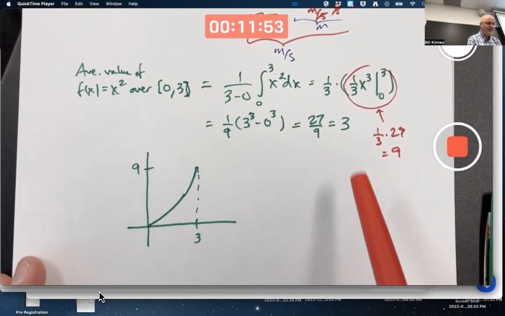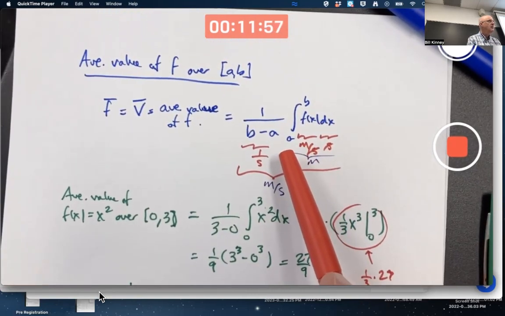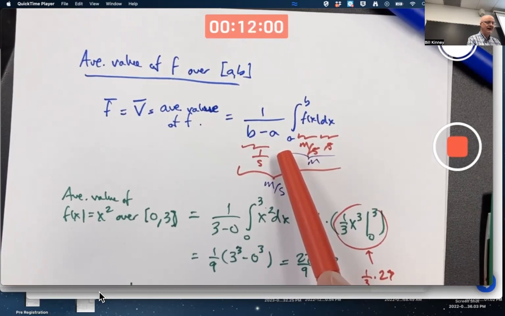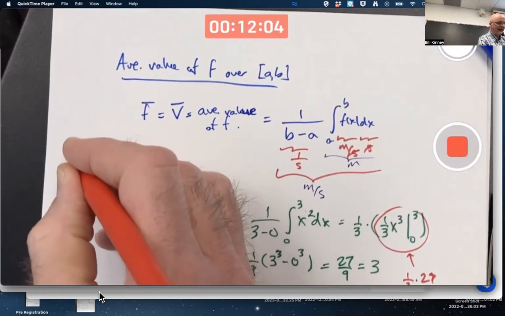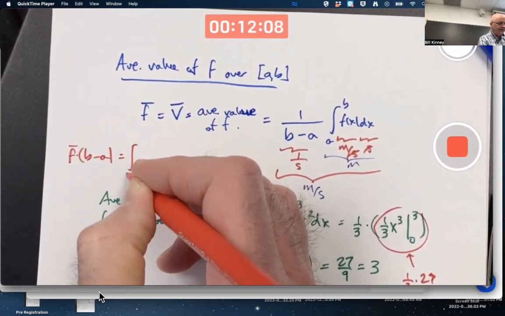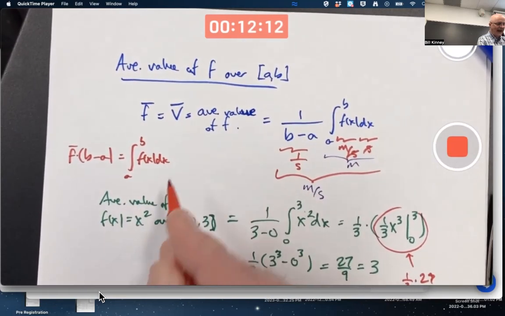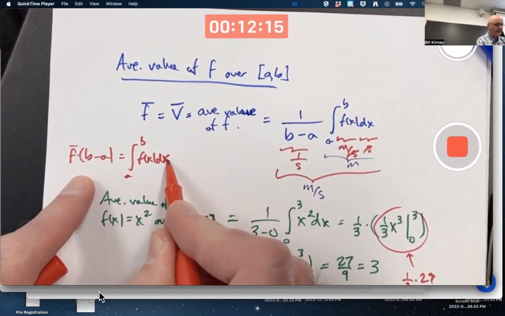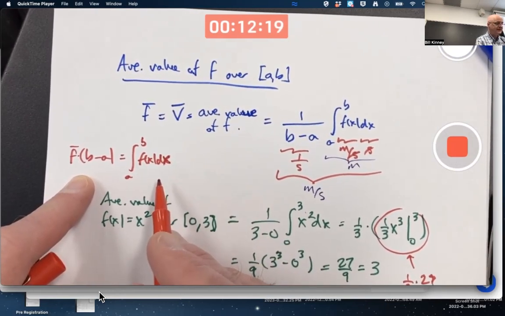How to interpret that? Well, if you think about this equation up here in another way, if you multiply both sides of this equation by b minus a, you could also write that f bar, the average value of f, times b minus a, equals the integral of f from a to b. And so what you're saying is that the average value times the length of the interval equals the integral. The integral is the area under the curve. Is that an area?